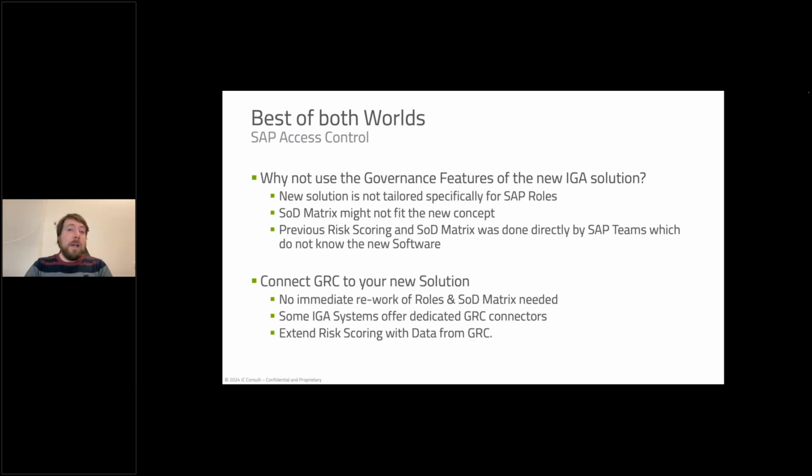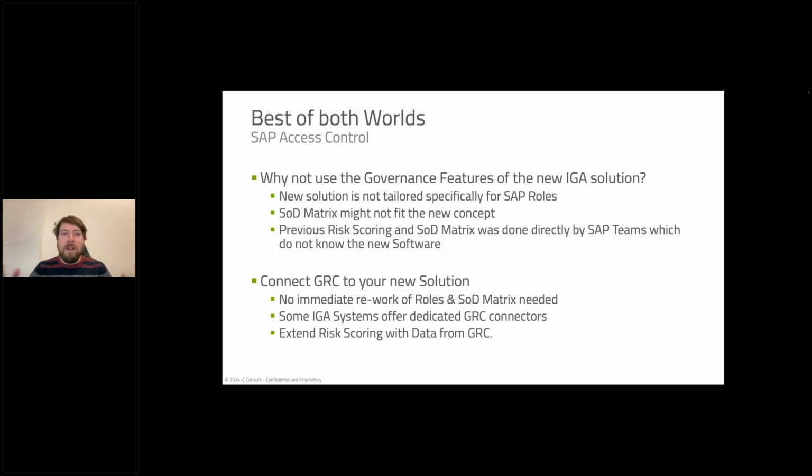So getting to SAP Access Control or SAP GRC, yeah, the new governance features of IGA solutions are not really tailored for this SAP approach. So they can do risk scoring, they can do SOD metrics, but SAP is really special. And in most companies I've seen, even though they had an IGA solution, they always had a special tool for the roles in SAP systems, if only for analysis, for checking if there are any SOD conflicts, but also for provisioning sometimes.